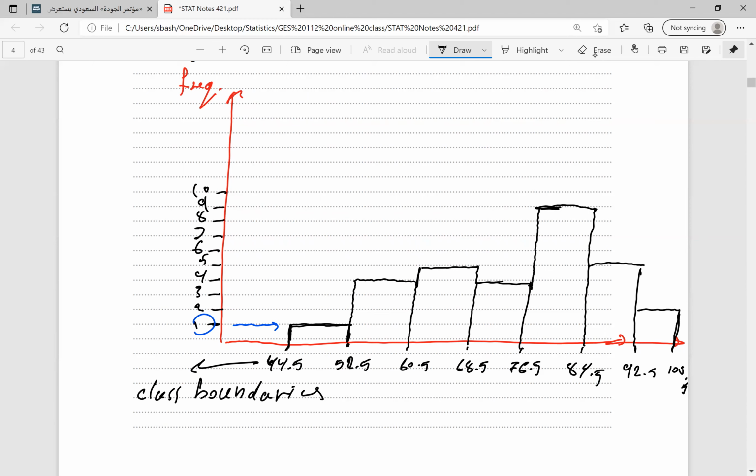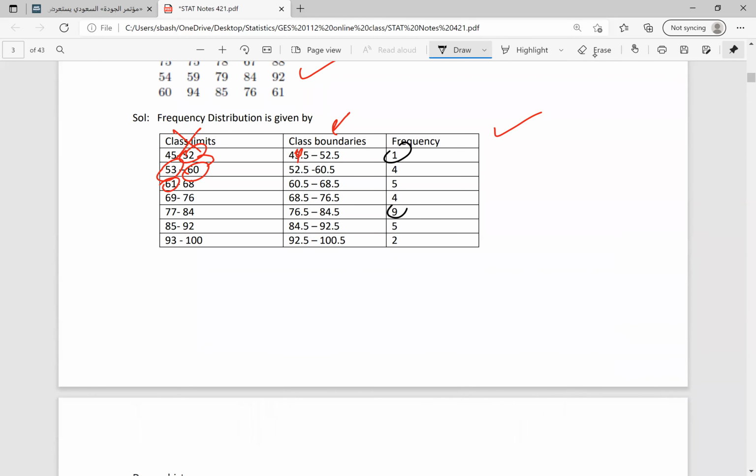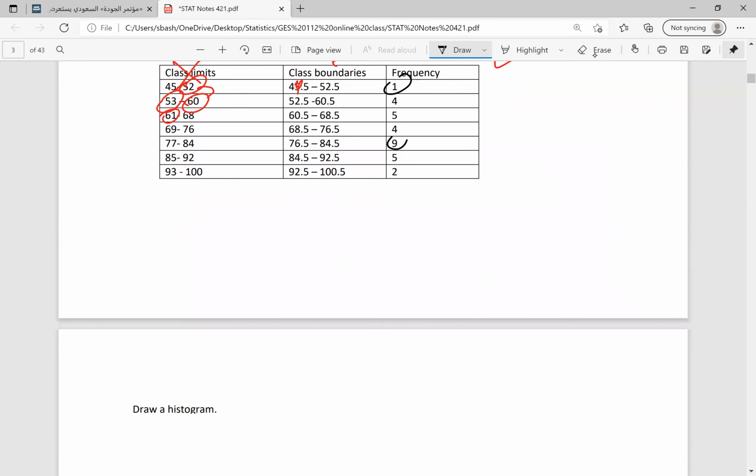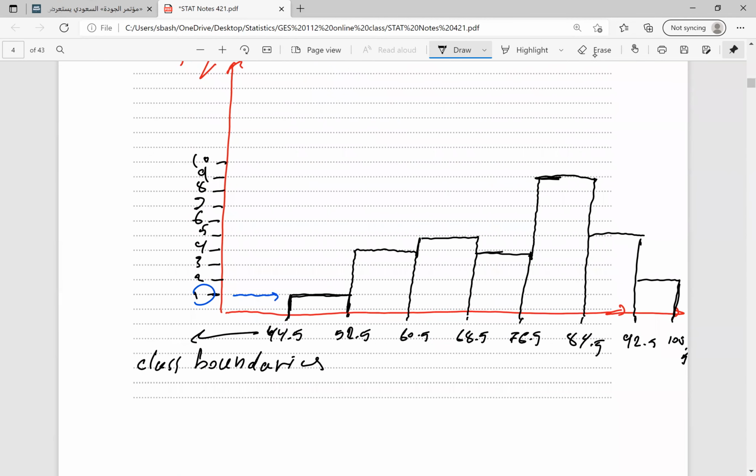So this is the histogram for the grouped frequency distribution given in this example. The idea is to set the class boundaries on the horizontal axis and the frequencies on the vertical axis. Then we graph a vertical bar showing the height, or the frequency, for each one.